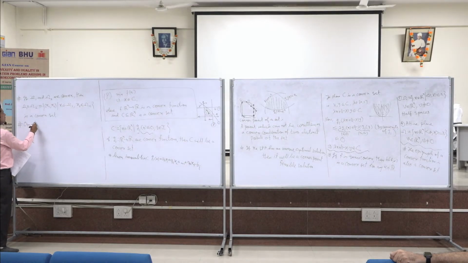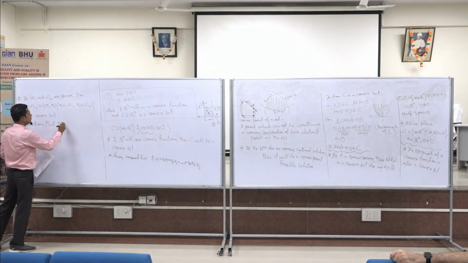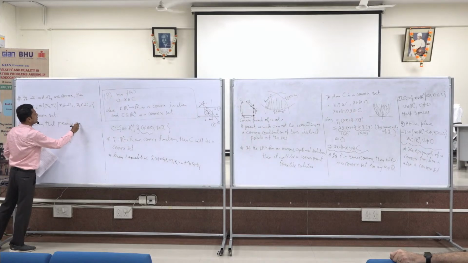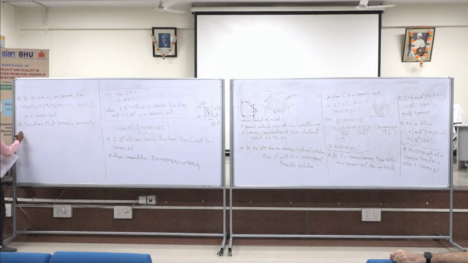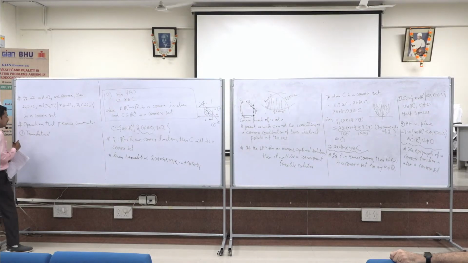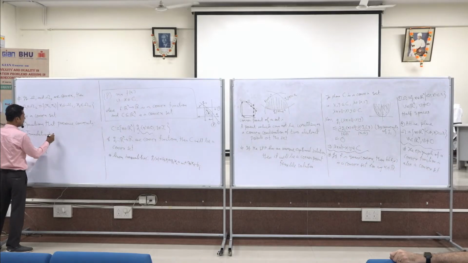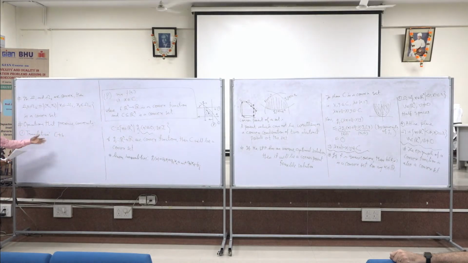So there are certain operations under which convexity is preserved. Operations that preserve convexity. The first one you can write is translation. What is translation? You have a set C, where by C we mean a convex set, and you add a number to it.